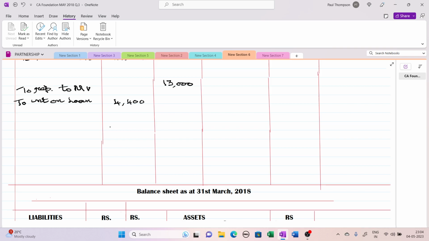So I'll be writing here depreciation. First one is building. Building we have depreciated by 5%, that is 25,000. I am writing it in the inner column. Next we have depreciated the furniture 10%.